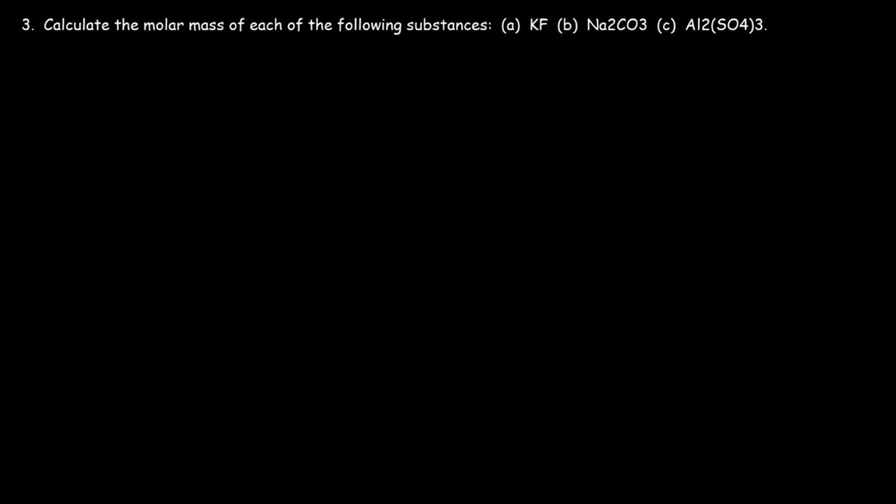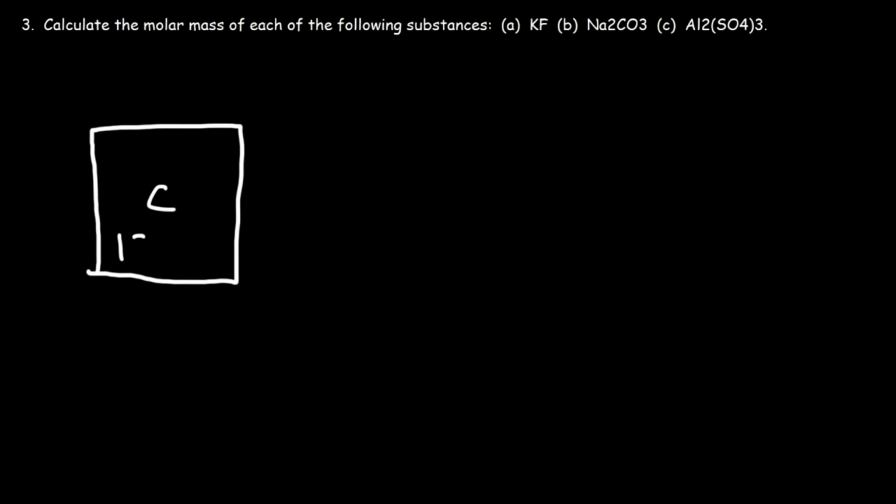Calculate the molar mass of each of the following substances. Well, first we need to know exactly what the molar mass means. What is molar mass? The molar mass of a substance is the mass in grams of 1 mole of the compound. So let me give you an example. Let's analyze carbon.